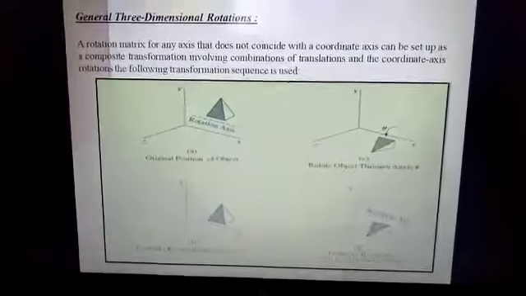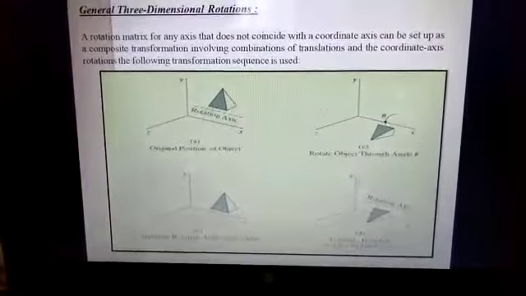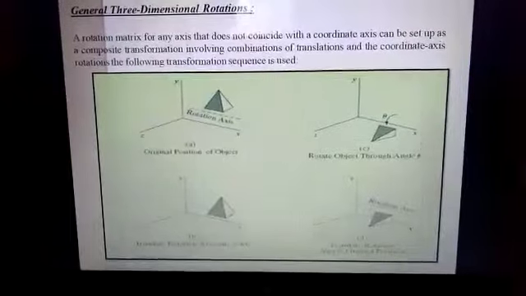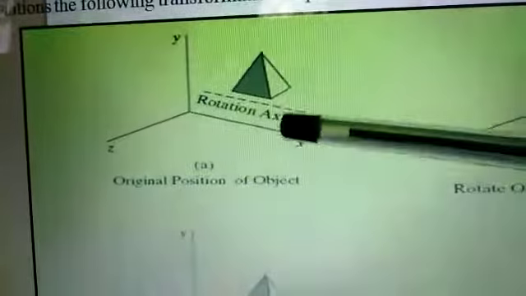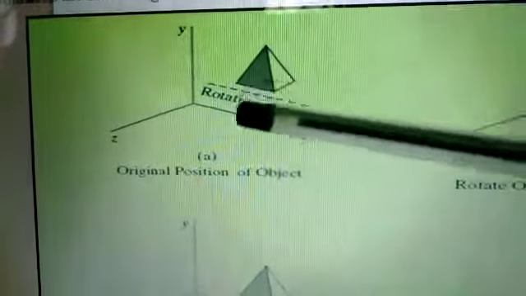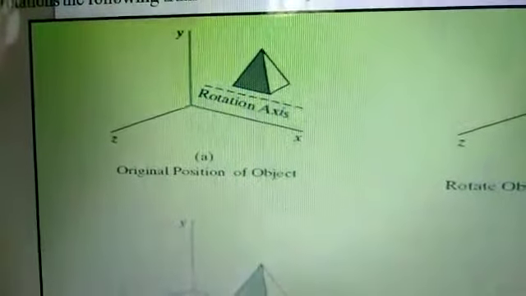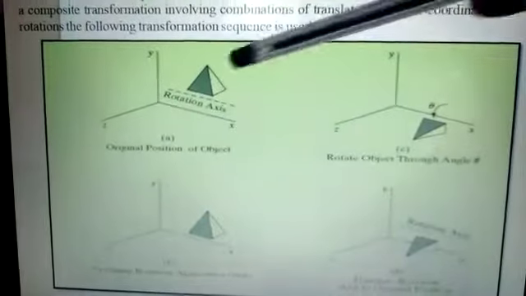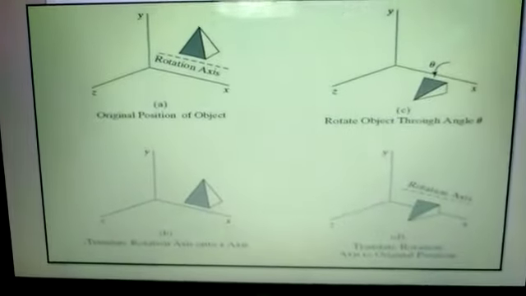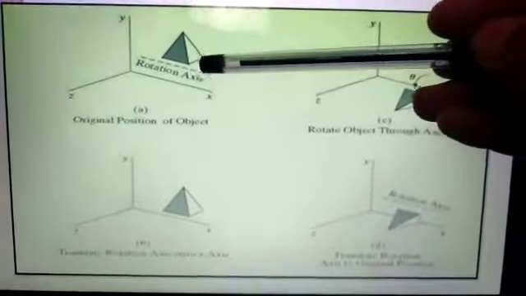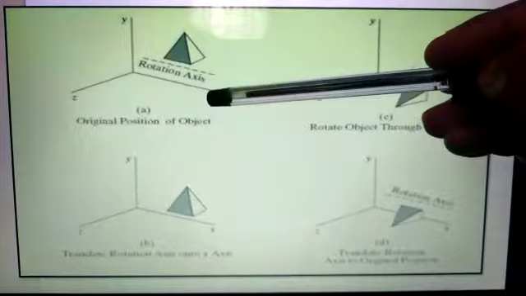Let's move on to general 3-dimensional rotations. We have taken one example here where the process happens in 4 diagrammatic representations. You can see we are rotating the object with respect to a particular axis. First we bring that particular axis to the origin with respect to x, using a translation operation.